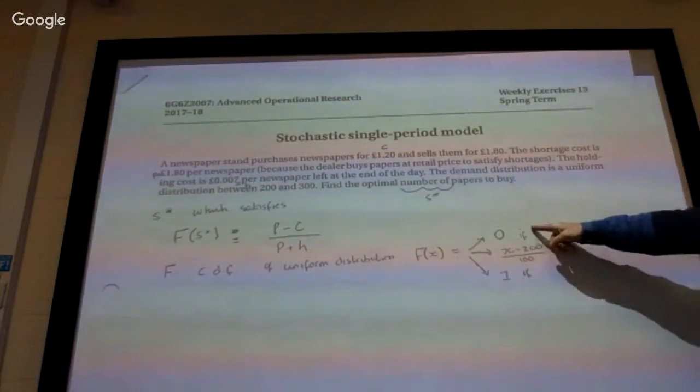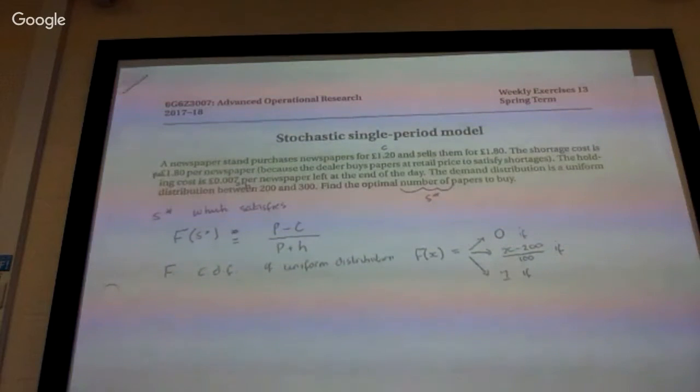So when is it 0? When it's less than 200.